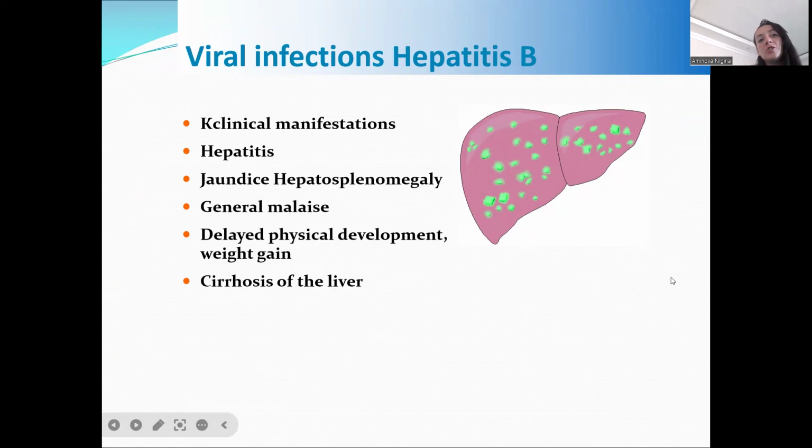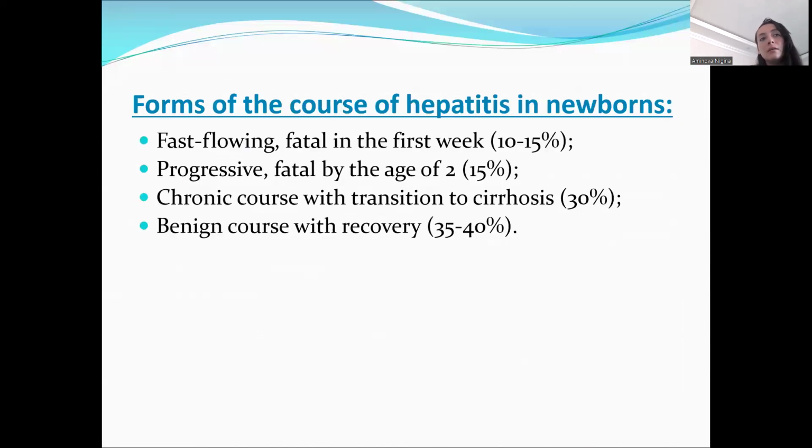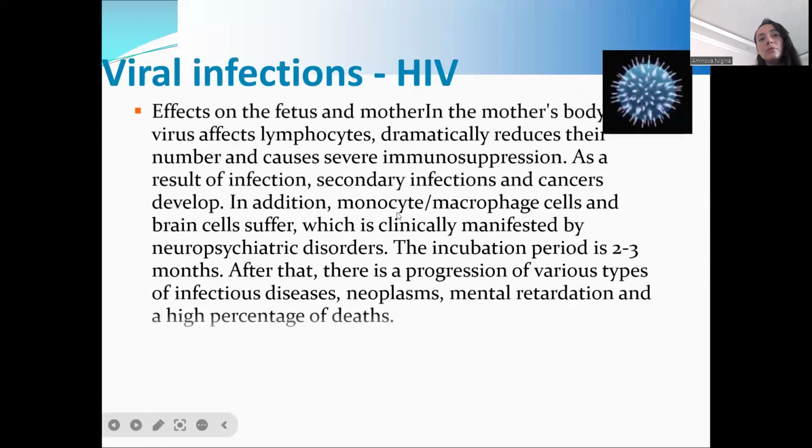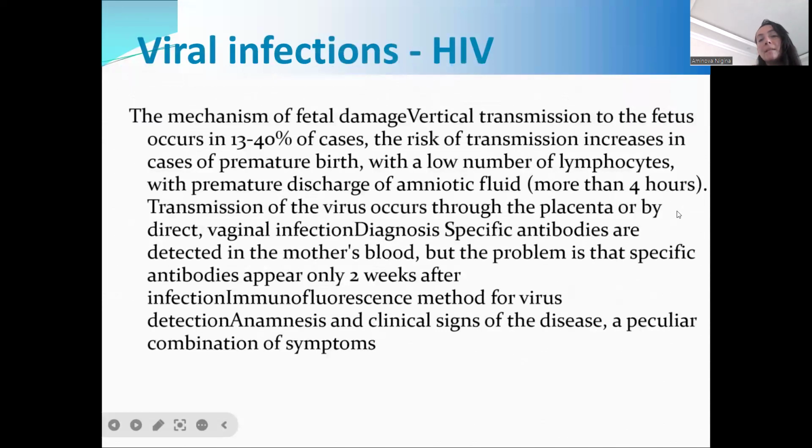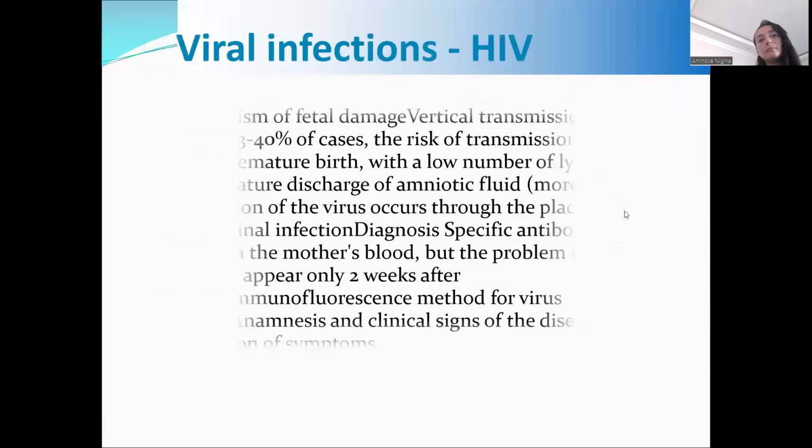Also will be seen changes and cirrhosis of the liver. So there are forms of hepatitis in newborns. And what about HIV? HIV also you can see in babies. It's transmitted vertically from the mother to baby, maybe during the delivery.